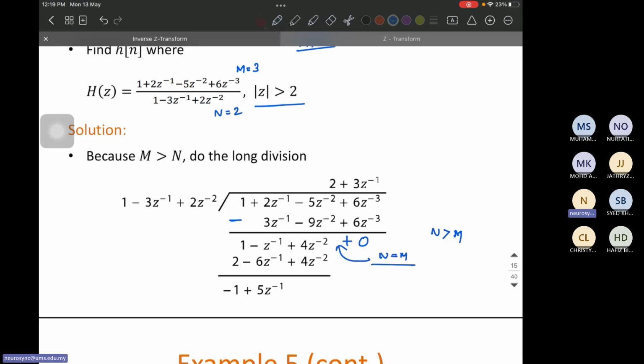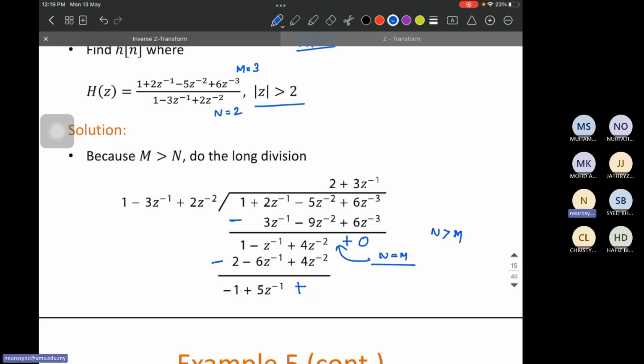Now you can see here we have 4 z to the power minus 2. To eliminate this, we have 2 z to the power minus 2. So we multiply this entire thing by 2. So this is 4 z to the power minus 2, this is minus 6 z to the power minus 1, and this is 2. Now subtract this.